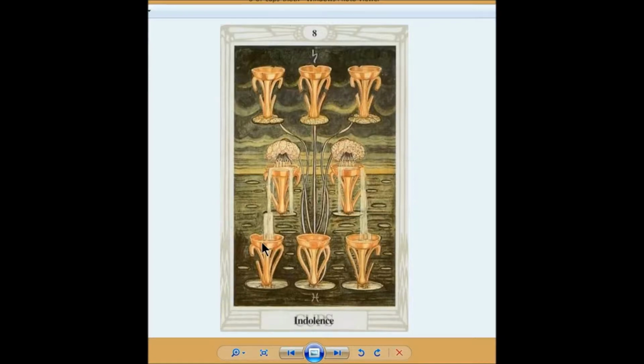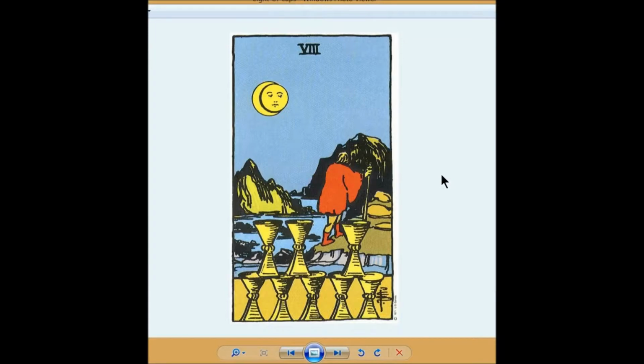So we can see, looking at the card, a lot of inertia, stagnation, representing our life at the moment. And it's very different really to the Rider-Waite looking card with its yellows and reds, with a man walking away from what he's collected here to do something different.